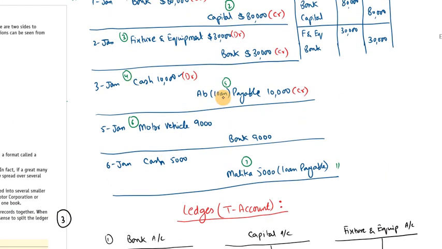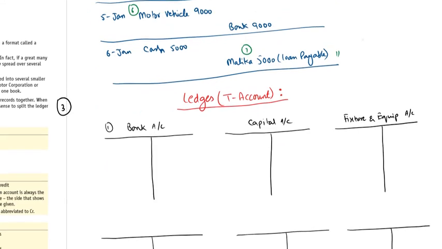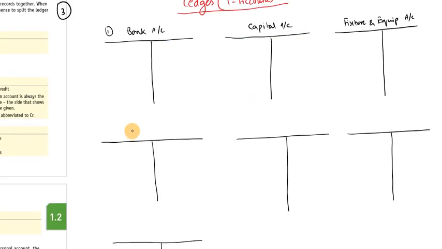Fourth one is cash, AB, loan payable. Cash account, AB, loan payable account.